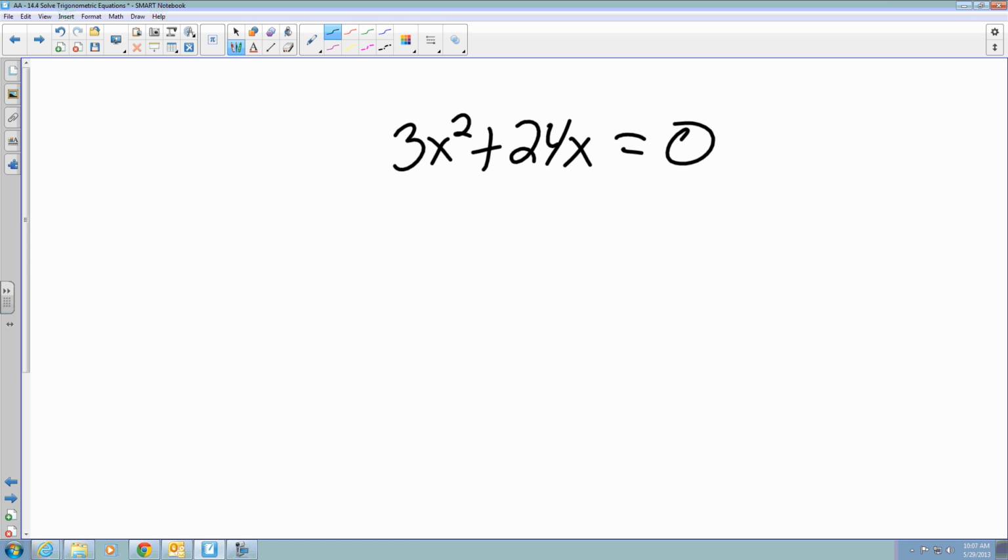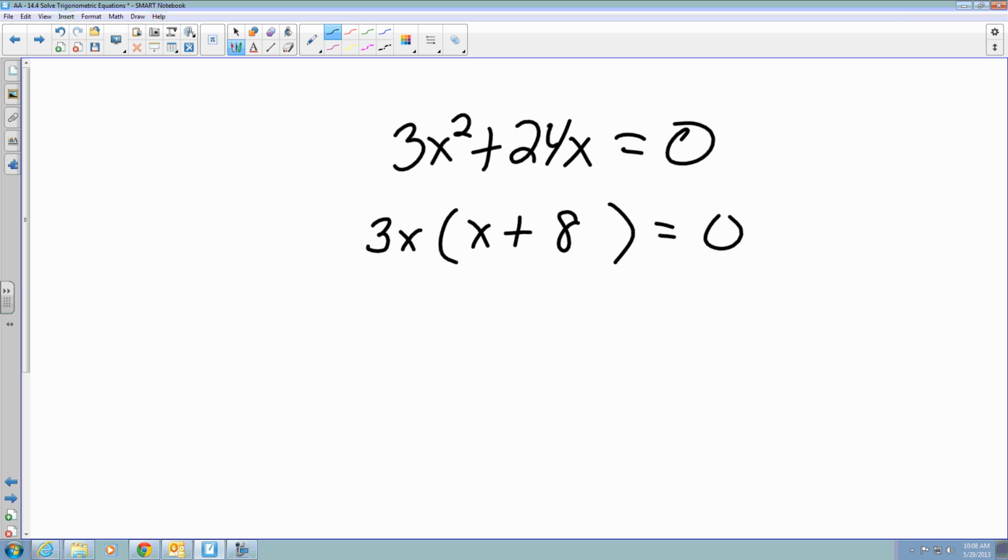So being able to factor it is basically just like factoring a regular equation. For example, if I had 3x squared plus 24x equals 0, how you would solve that is I could factor out a 3x, and then in parentheses, I would have x plus 8.